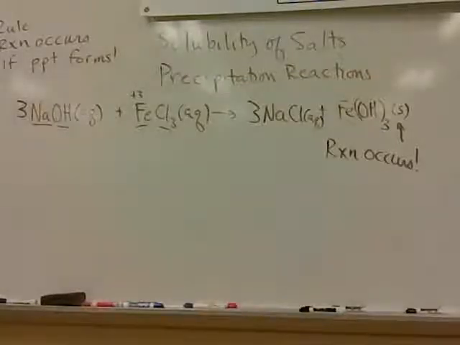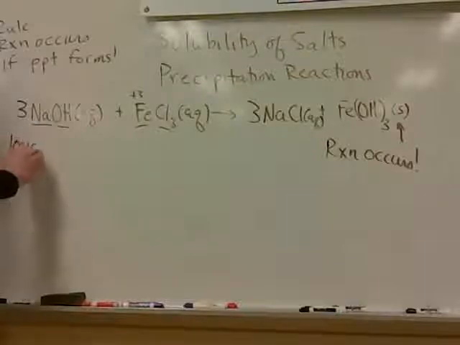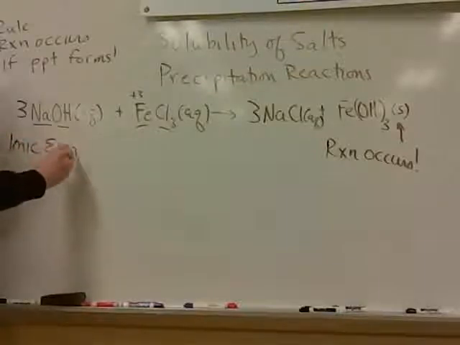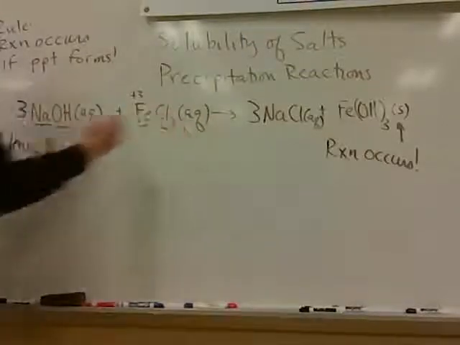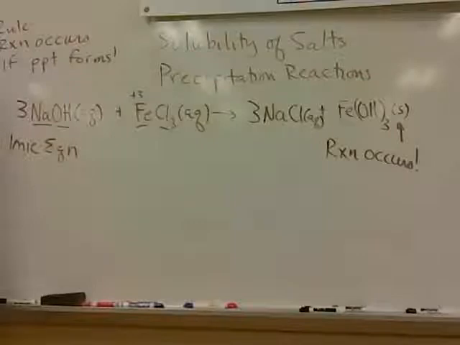Now, if a reaction occurs, what we will want to write out is something called the ionic equation. In the ionic equation, we're going to break up everything that's water soluble into its ions. So let's start here.